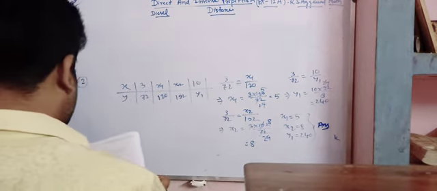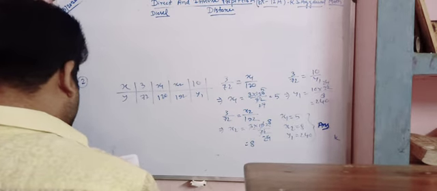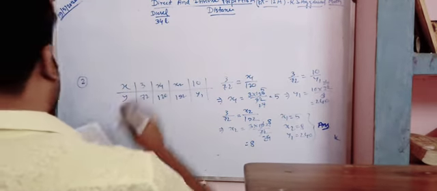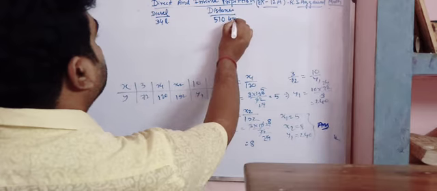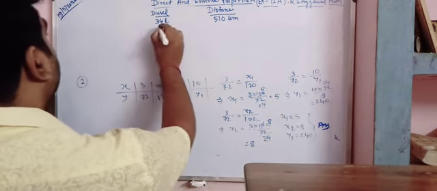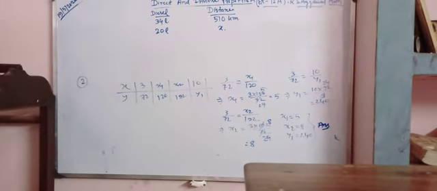Okay, so here diesel 34 liter, and distance covering 510 kilometer, and now here 20 liter diesel is available. How many kilometer? We are taking it as x kilometer.